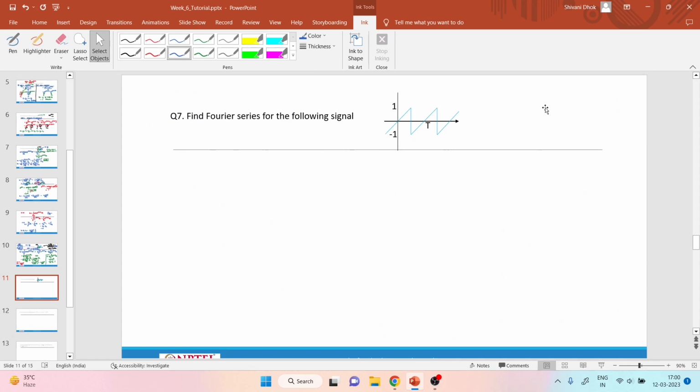Now let us look at the next question. We need to find the Fourier series coefficients of the signal x t, which is given something like this. Let us take a special case when this capital T is equal to 2.